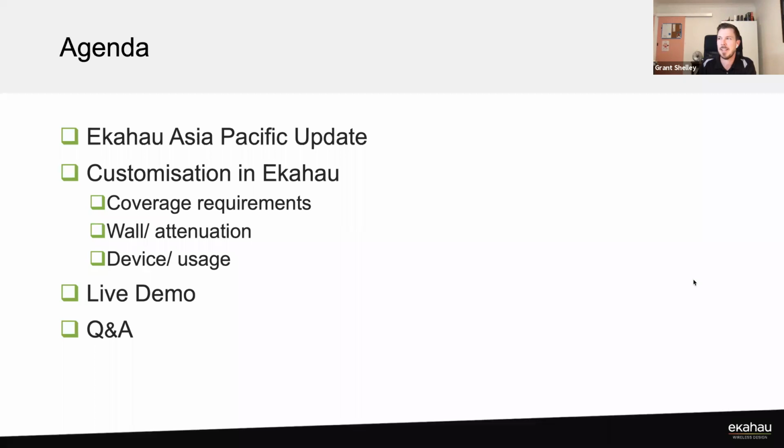Okay, so just a quick look at the agenda for today as well. The primary purpose for this webinar was around customization in Ekahau, and a lot of that is going to be built around predictive design.